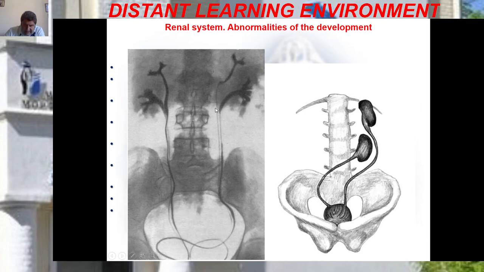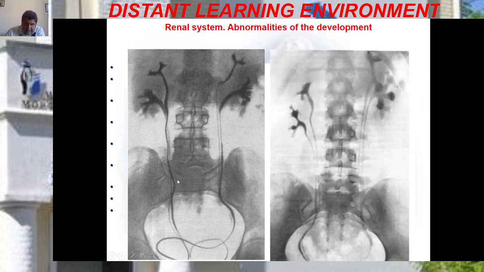You may see 4 ureters, 2 on one side and 2 on the other side. Also, you may see 4 kidneys here with 4 ureters on this X-ray examination with contrast.